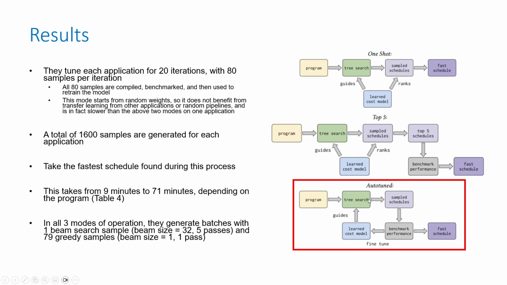And then the autotune, this is gonna benchmark everything and has more samples and takes the fastest one. It takes about 10 minutes to finish depending on the program, and this is gonna be in table 4. But this is not that bad, although these pipelines, some of them are not very big. Okay, so they use both greedy and non-greedy for the beam search.